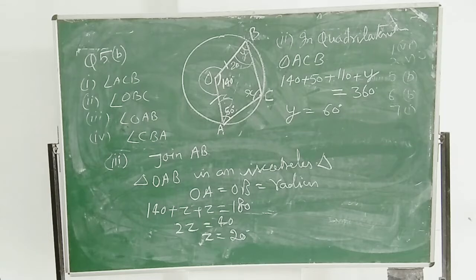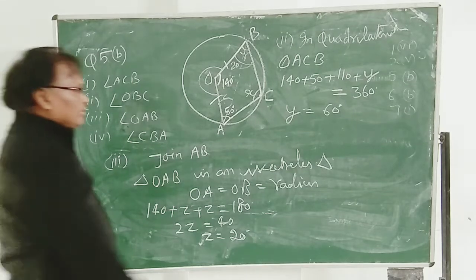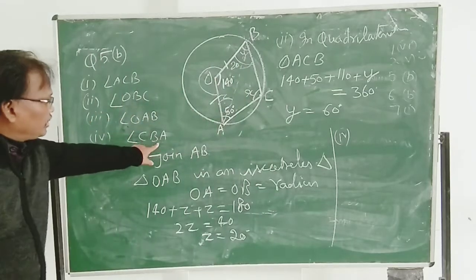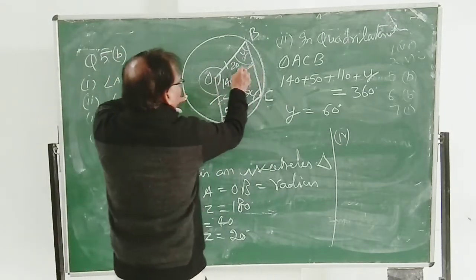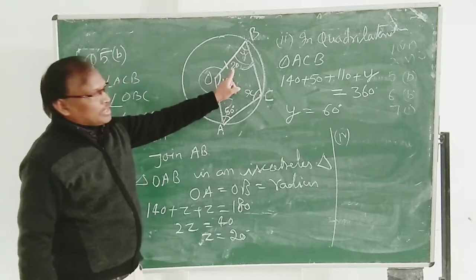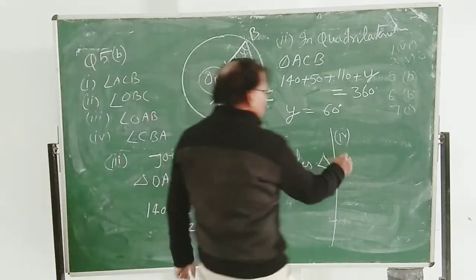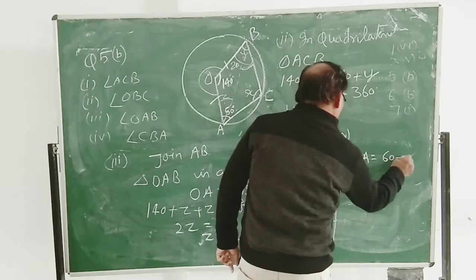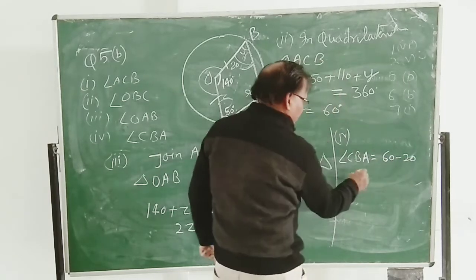Can you get the CBA? Fourth part, CBA. CBA means this angle only. And the total is 60 minus 20. So CBA is 60 minus 20, you can say y minus 20.